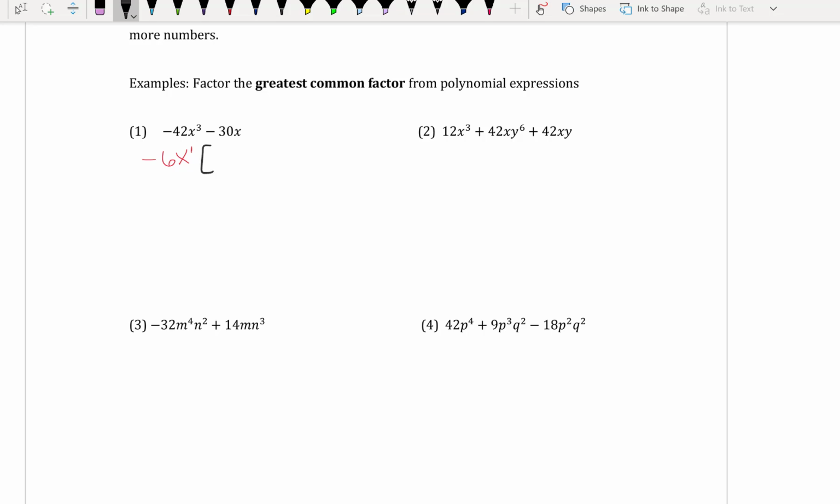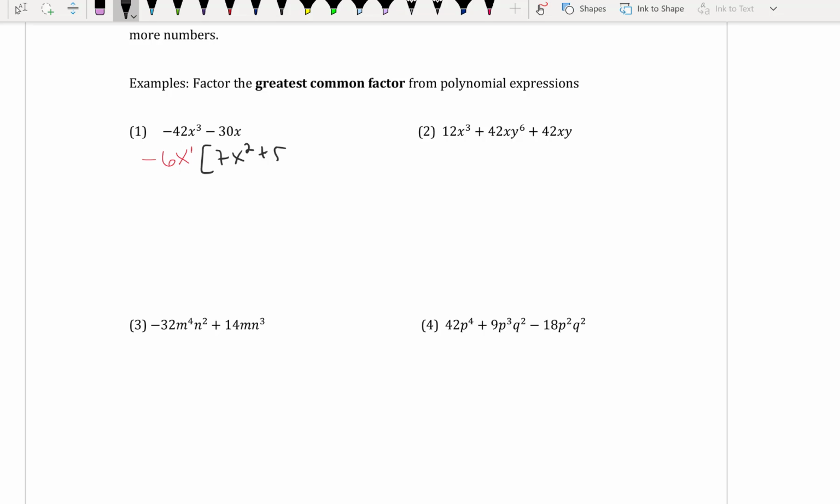So now you want to think about dividing. You're going to divide negative 42 by negative 6, because that's what you're pulling out, and that would be a positive 7. If you have an x to the 3 and you divide it by x to the 1, you would have an x squared. Now, for the next term, you can think about it as a negative 30 divided by negative 6, and that's going to give you a positive 5.